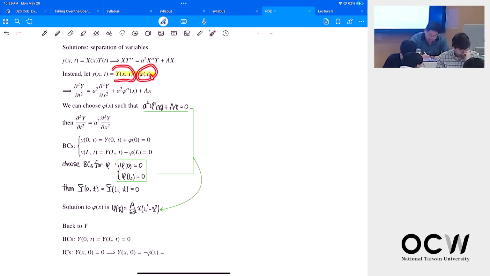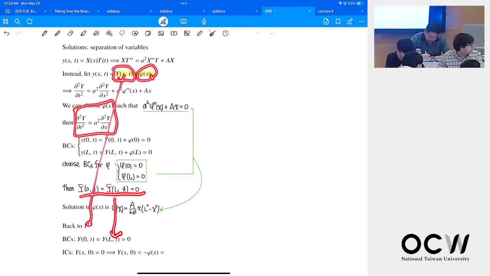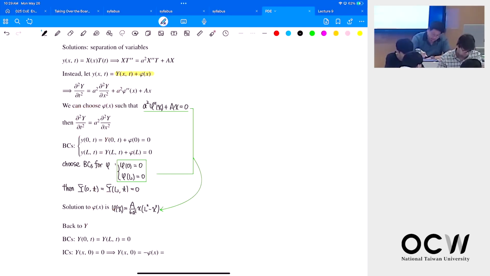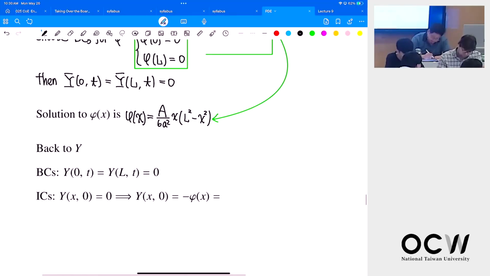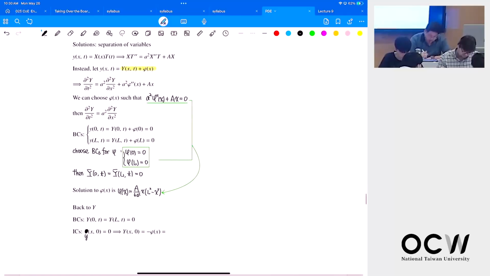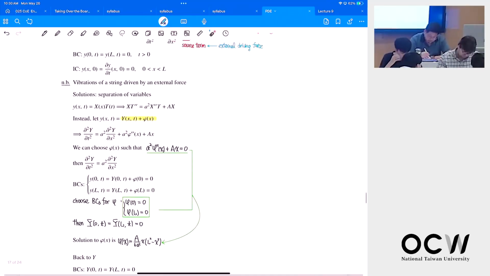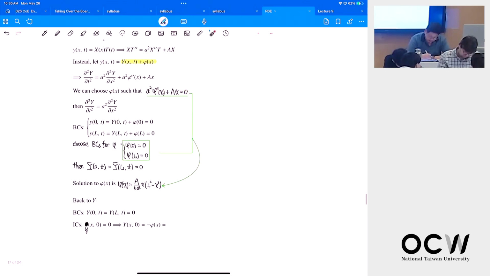Let's deal with the y. Okay, for y we have these partial differential equations with the boundary conditions and also initial conditions. For the initial conditions, we need y of x,0 to be 0.